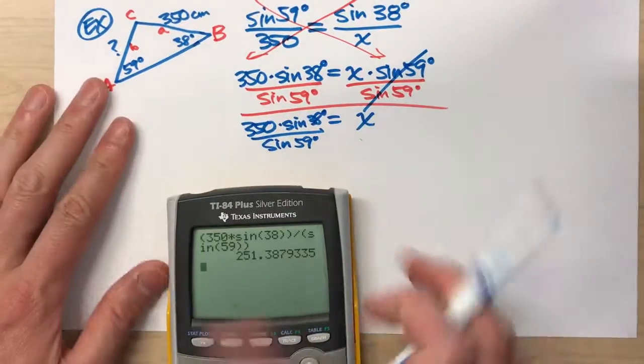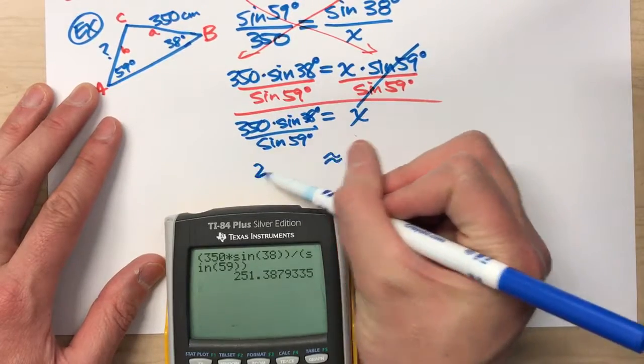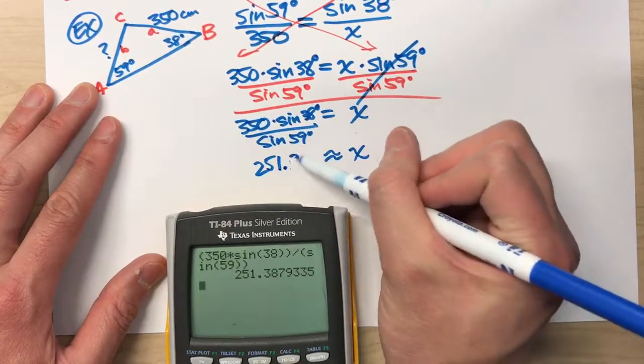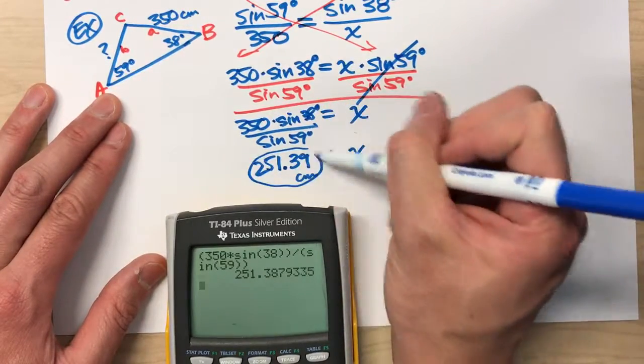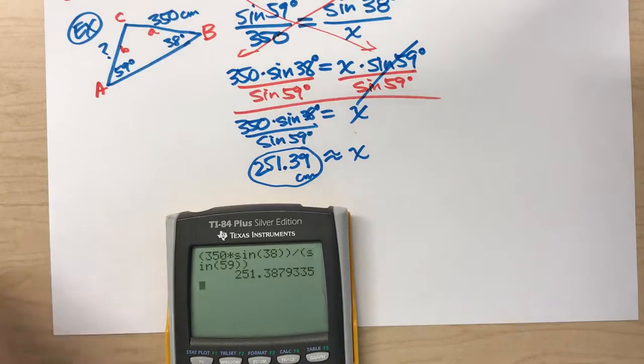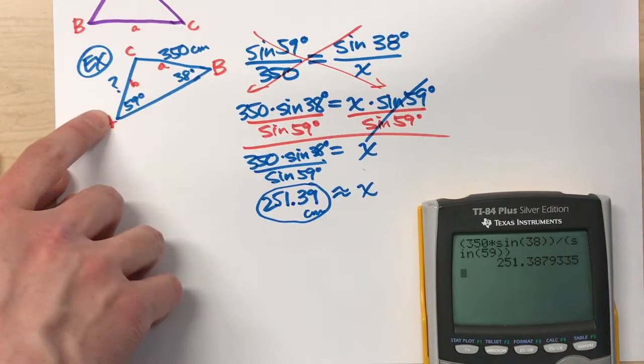It's approximately, and we're going to go to the hundredth, 251.39, in this case, centimeters. And that's the length of the side. So that is my unknown side length.